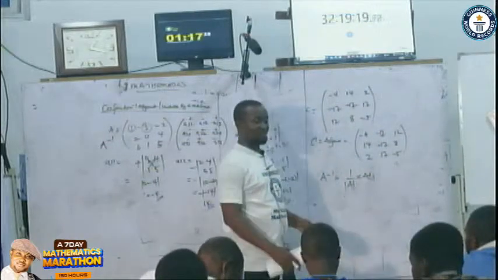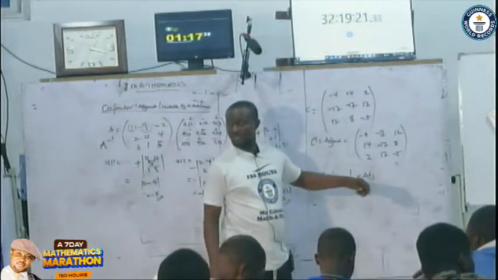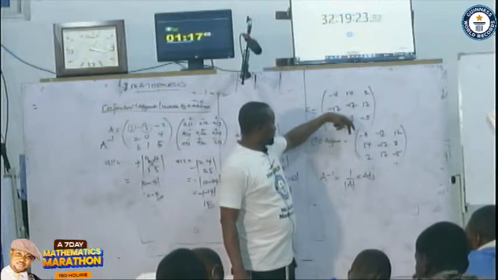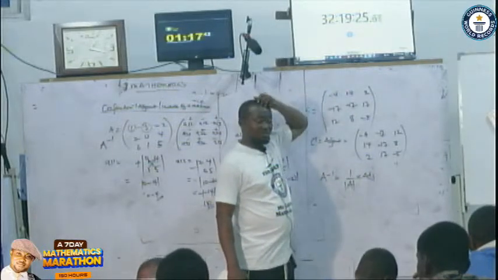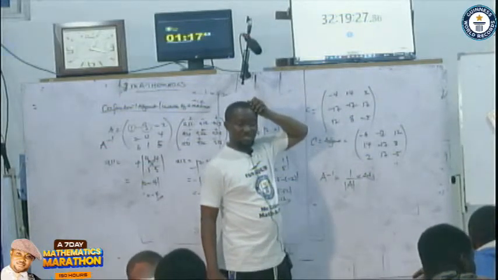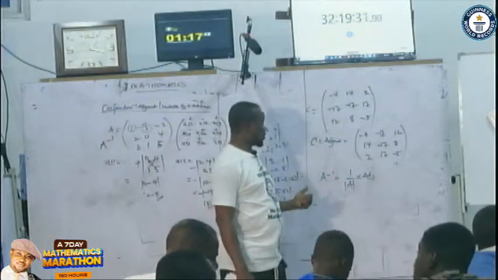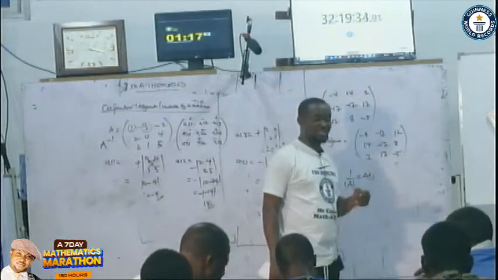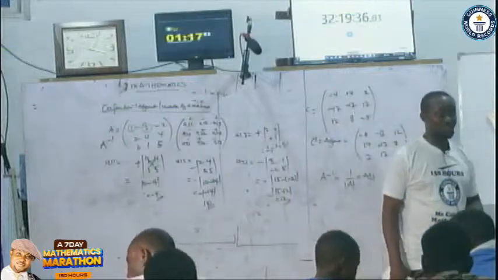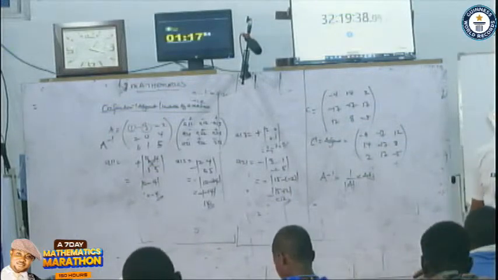And what we've done here, we've gotten the adjoint because from the given values we calculated the cofactor. And now the transpose of a cofactor gives us what?